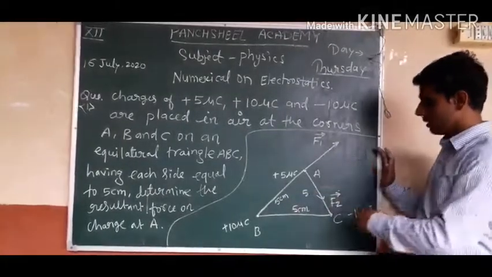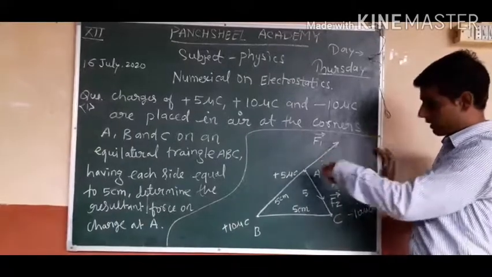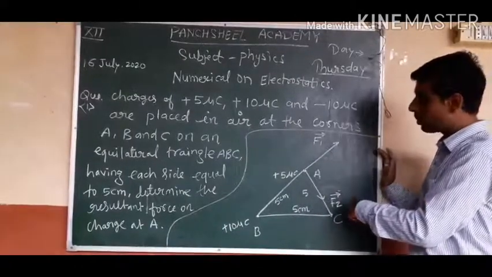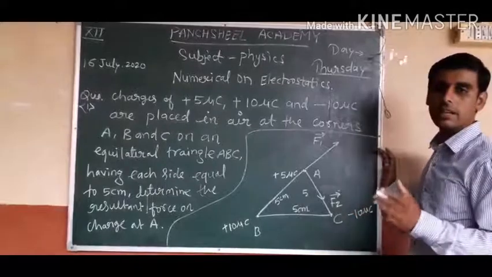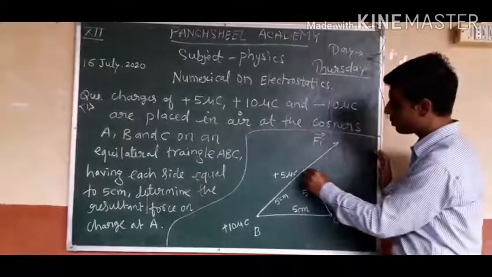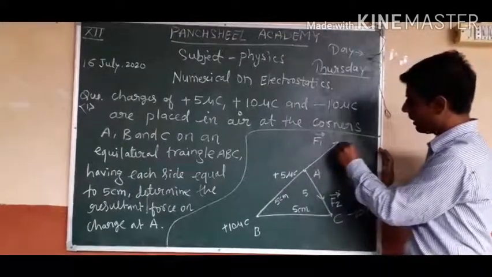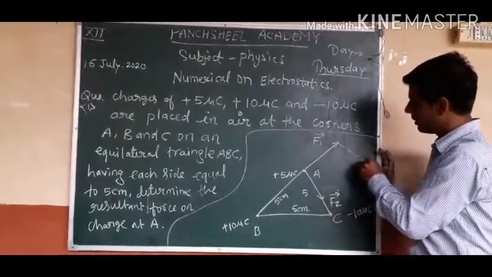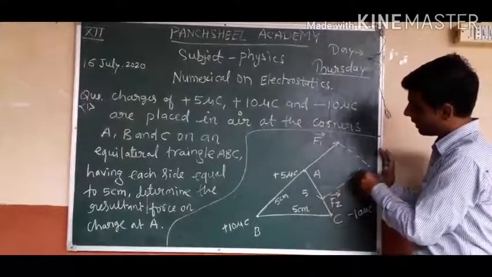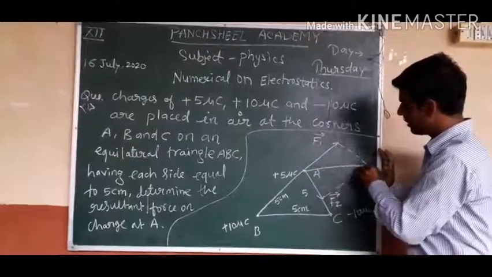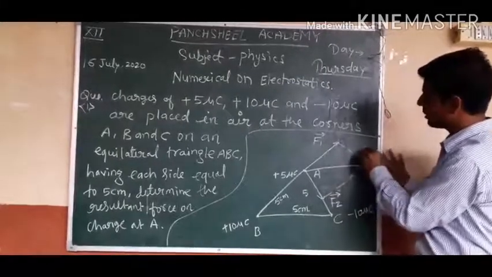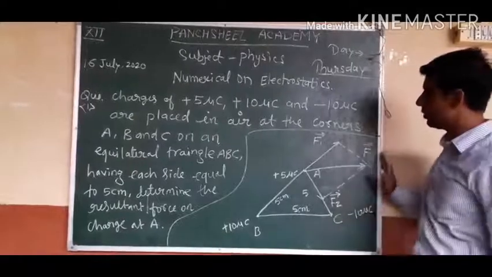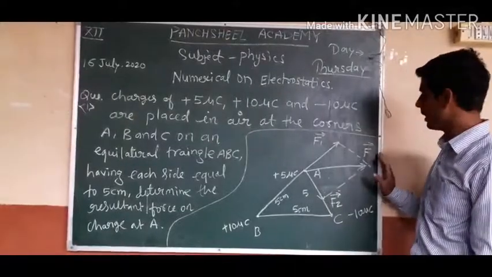So one force in this direction and second force in this direction. So we take a resultant of these two forces. If I extend like this and like this, then there is a resultant force, that is F. So you have to calculate F.